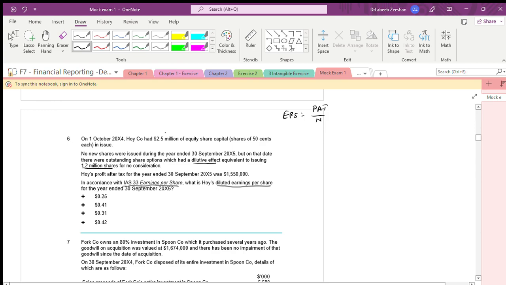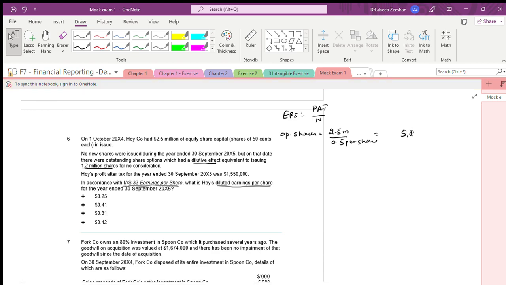Now, the opening shares are 2.5 million divided by 0.5 per share. It comes to 5,000 in thousands.